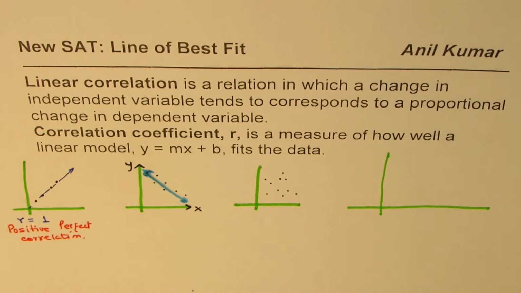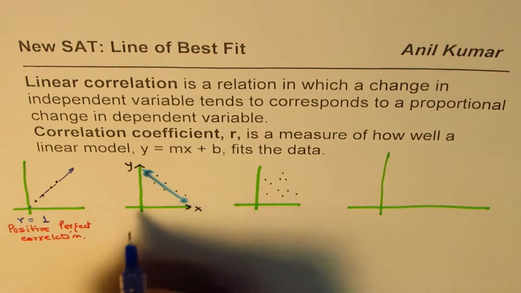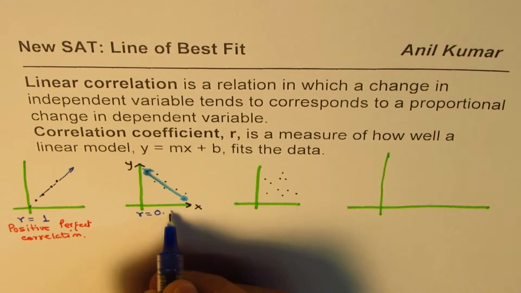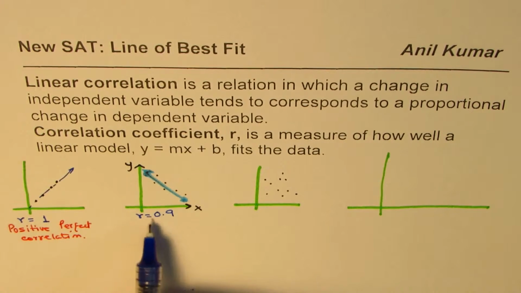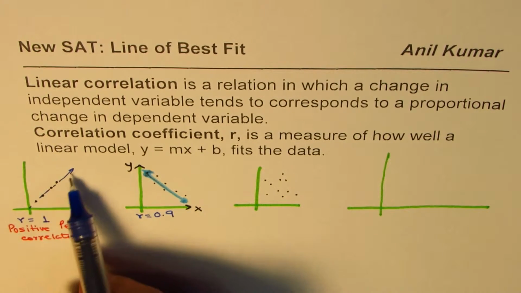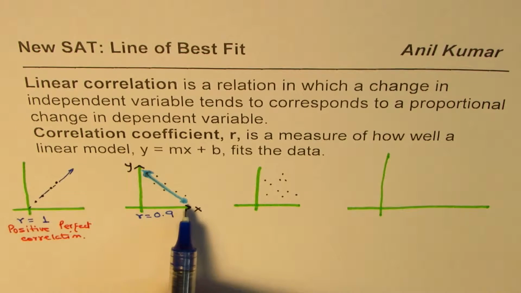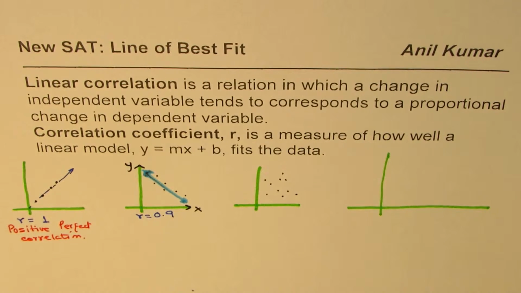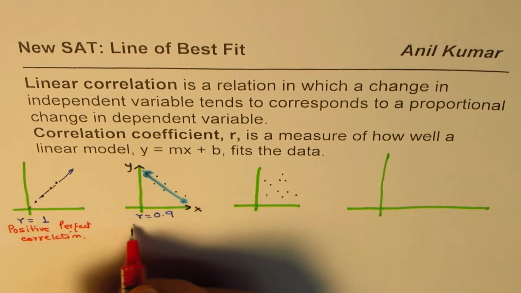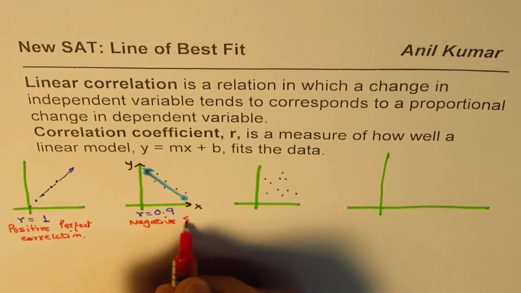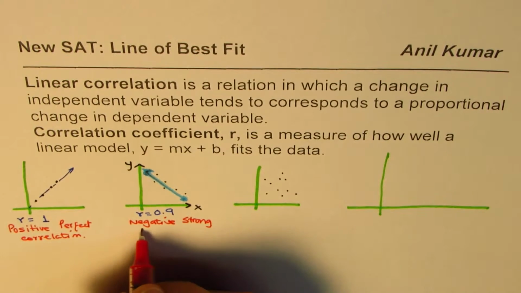Now in this case, if you find the correlation coefficient, you may find that its value will be negative for sure. Let me just give one value here. Let's say it is negative 0.9, right? So it is very, very close to the situation which we just saw. It is, we'll say, a strong, but negative, coming downwards, correlation. So we could write this as negative strong correlation.